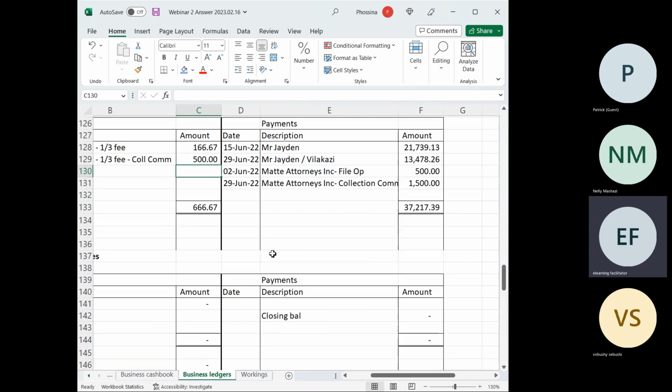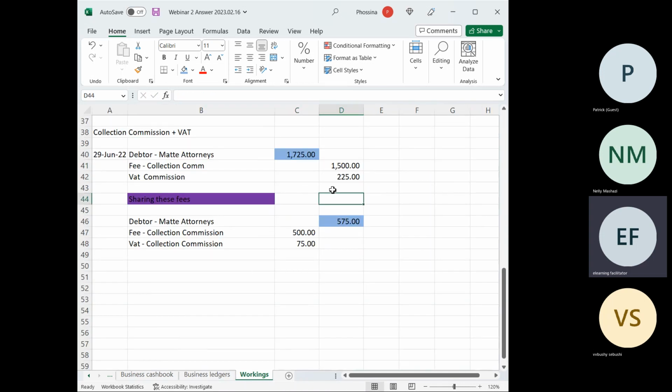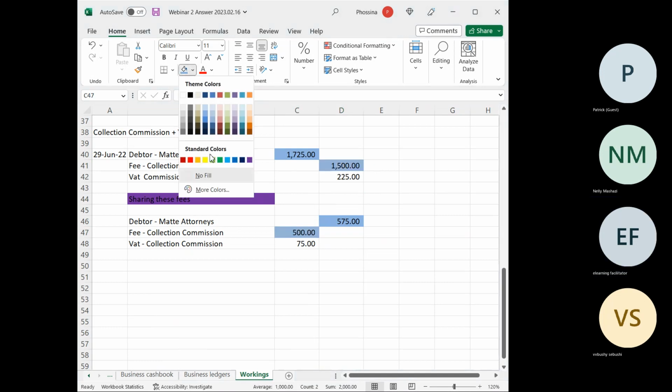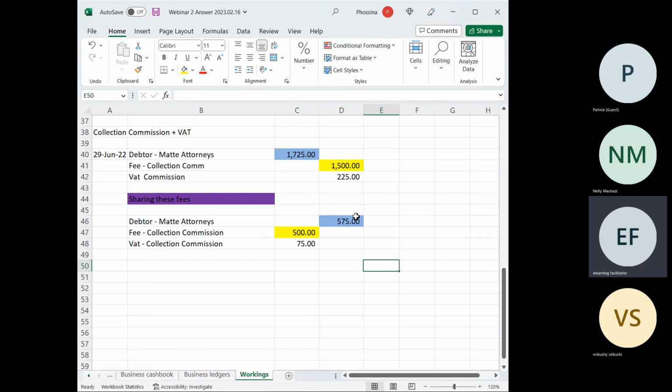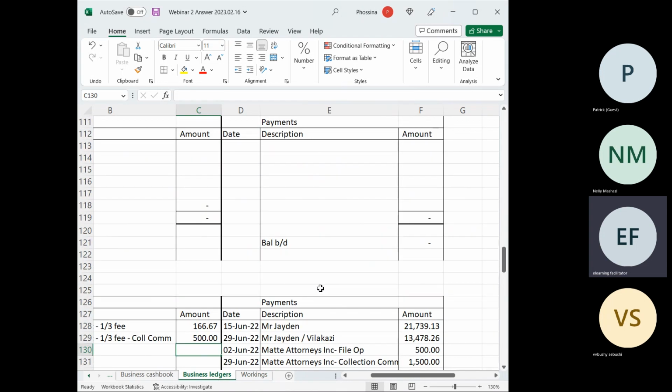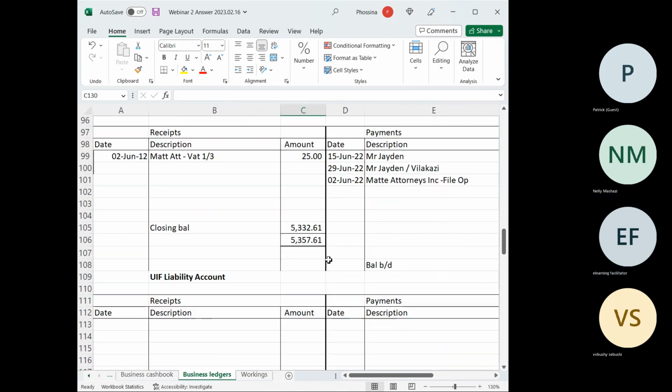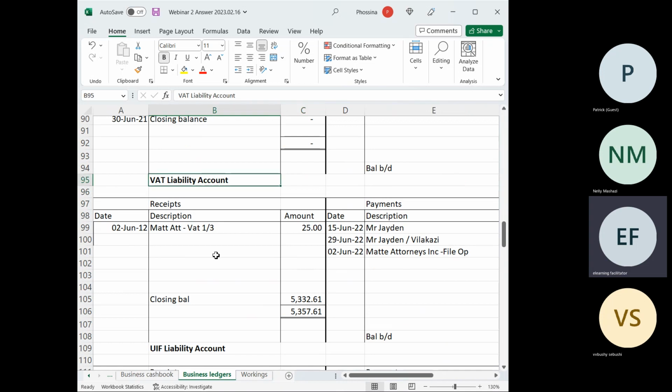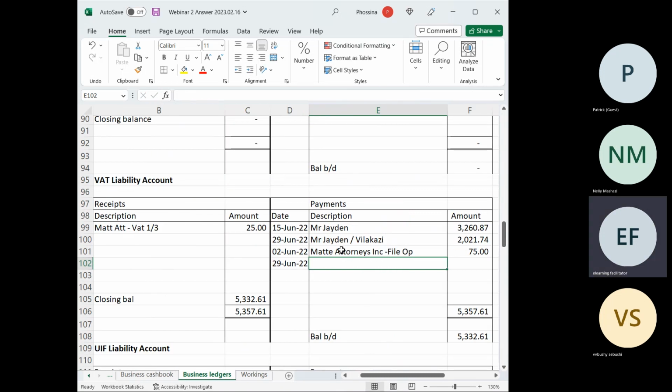And then we've done this part now. The one that is left is the VAT component. So we also go to the VAT account, which is this one, the VAT liability account. And then we record, and it's our Maid Attorneys for collection commission, like that.